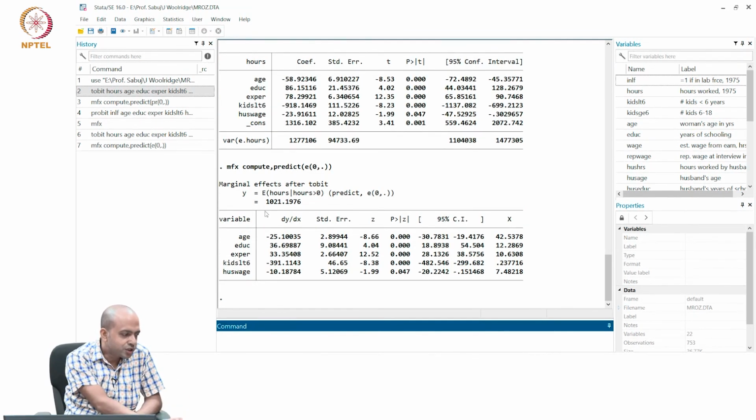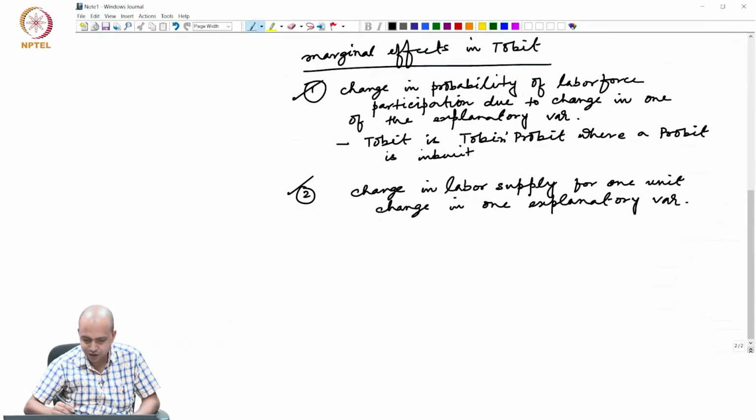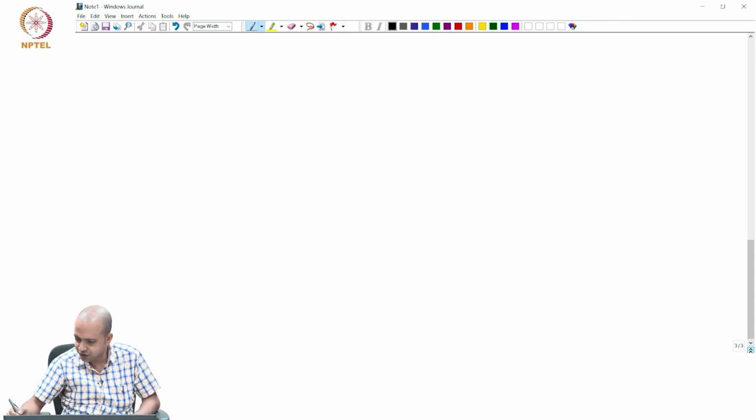Look at here, what Stata is first calculating: the expectation of hours given hours greater than 0, and multiplied with the probability. That is exactly what we discussed in our theoretical model.